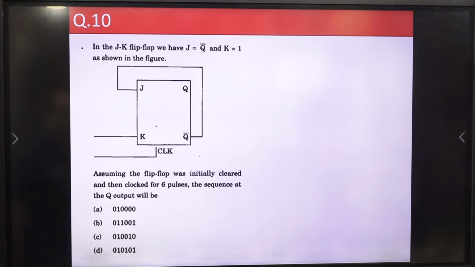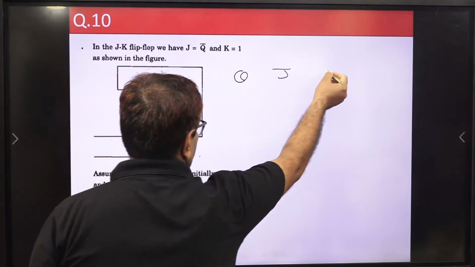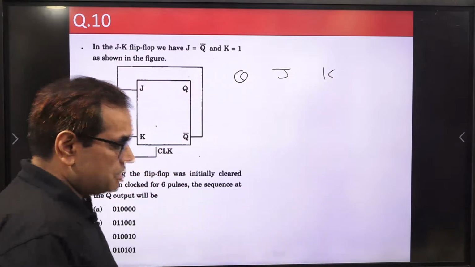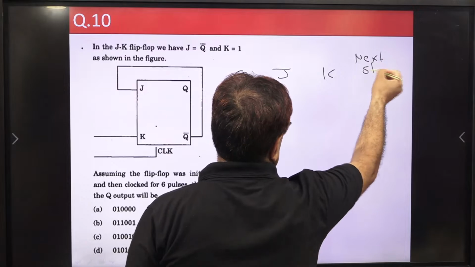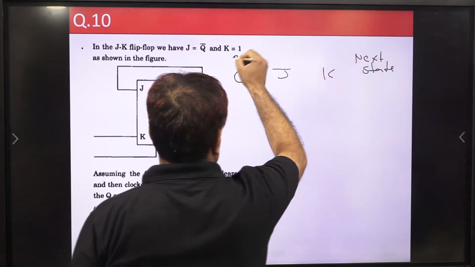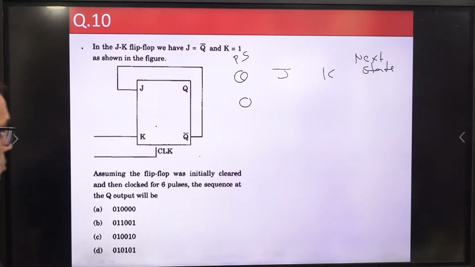Okay. The flip-flop was initially cleared, so initially Q is what? Here we will write Q and then J and then K, and next state. This is the present state. Initially it is clear, so Q equal to 0.